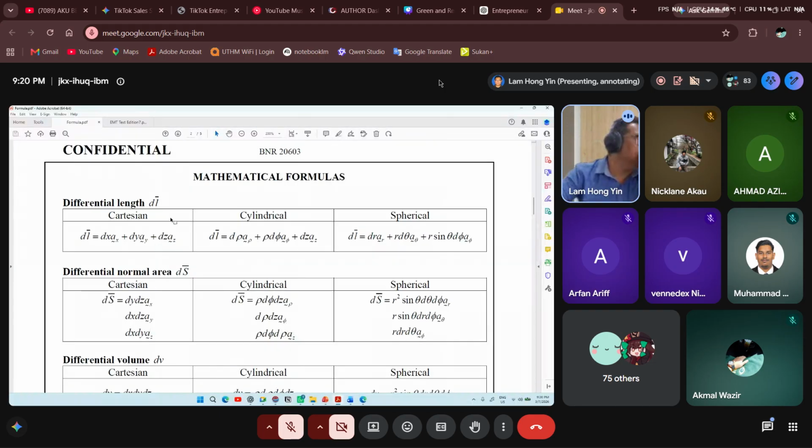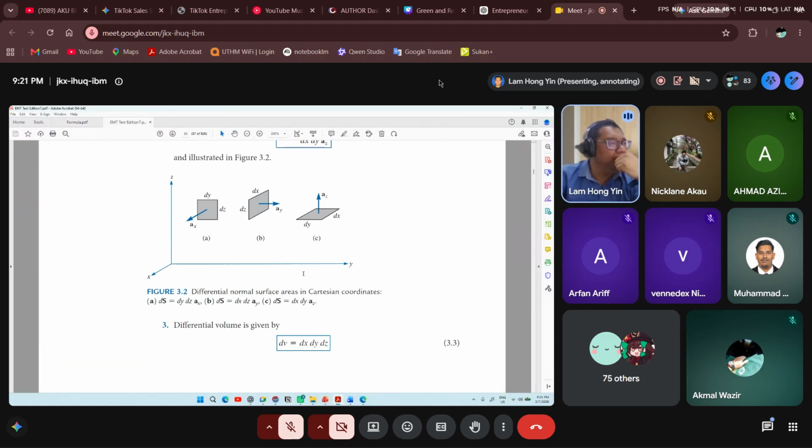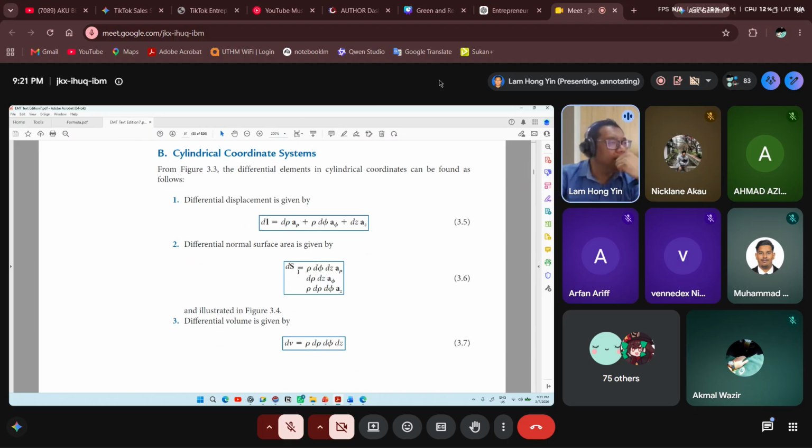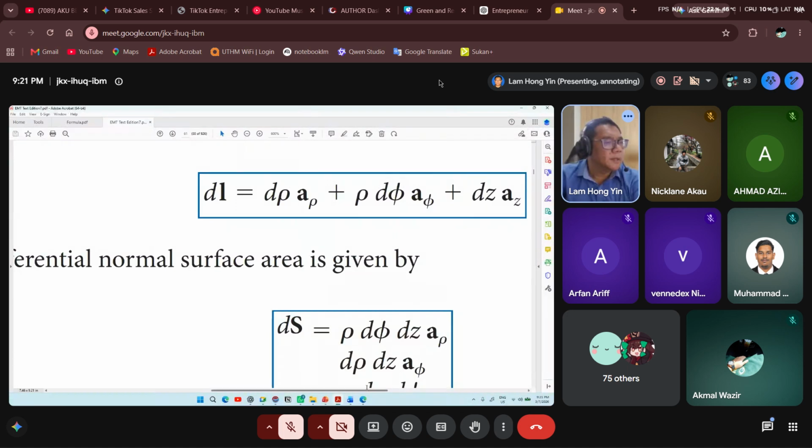Then what about cylindrical and spherical? All is the same, but they have different parameters. If I show you the parameters of the cylindrical coordinate, it will be this one, right?